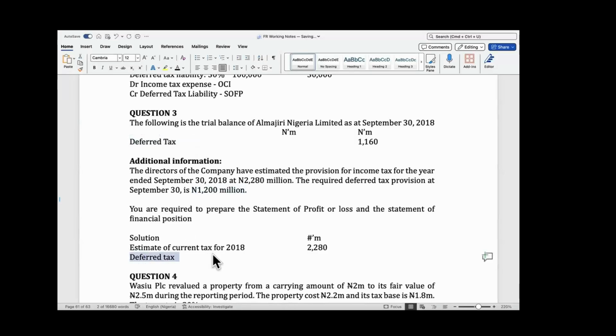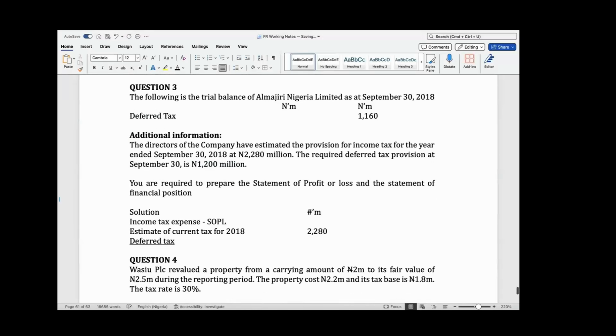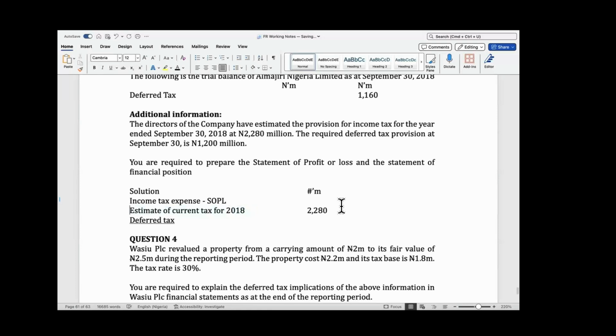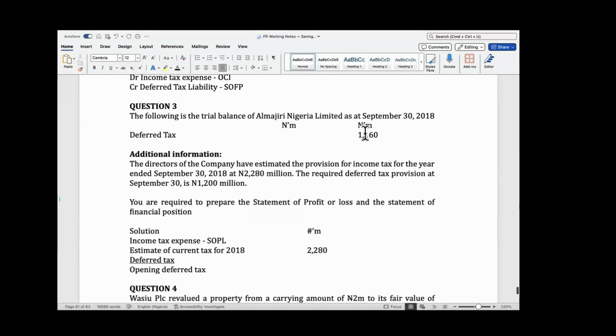So as far as deferred tax is concerned, if I want to use this to determine my income tax expense that goes to P&L, I've got the estimate of current tax that goes to P&L, but for deferred tax, whatever deferred tax you find in the trial balance is the opening deferred tax, which represents the brought forward.